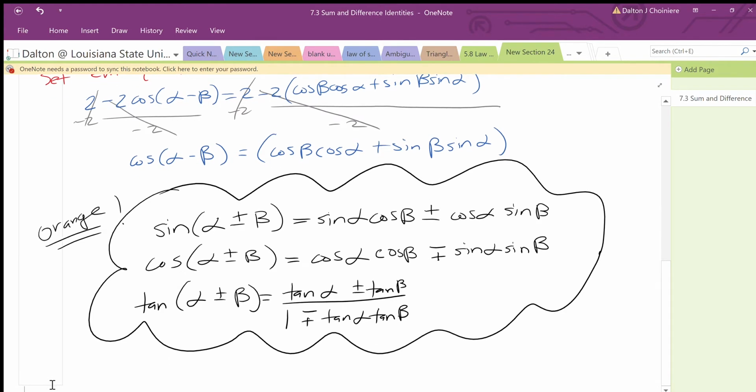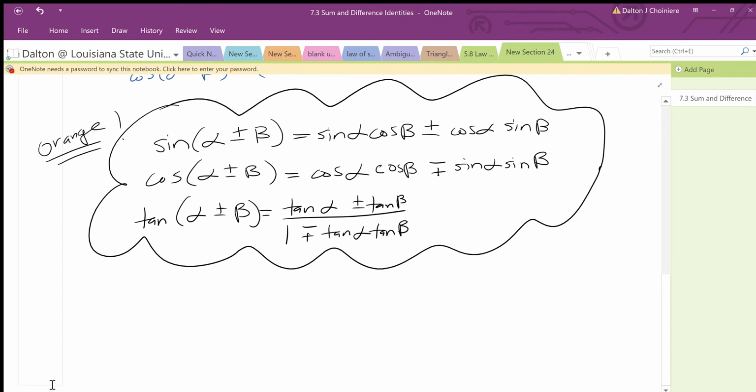Now, what you probably do want to make note of on your reference sheet is, notice sometimes I have plus minus, sometimes I have minus plus. Basically what that means is, throughout your whole problem, you will use either all top signs or all signs on the bottom.